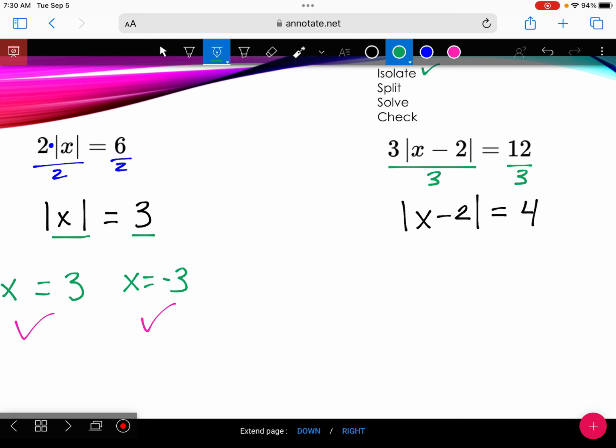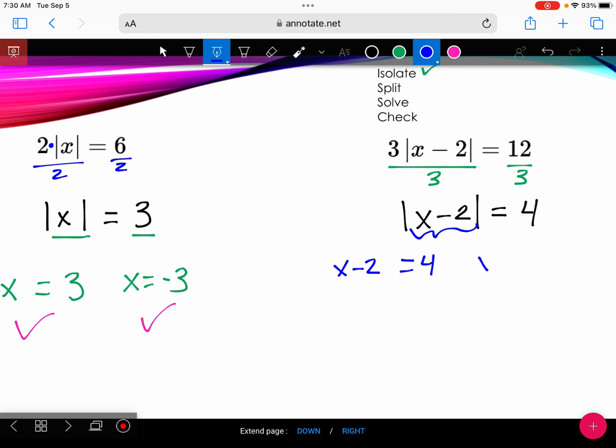Then I'm going to split this in 2 cases. So this chunk, I'm going to use a different color. This chunk, my x minus 2, could straight up equal 4. Those absolute value bars might not be doing a gosh darn thing. Or this chunk could be the opposite of that.